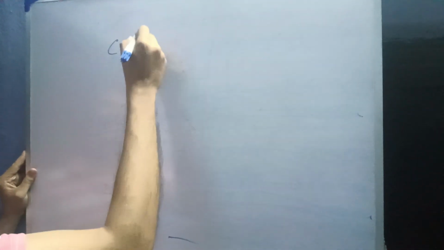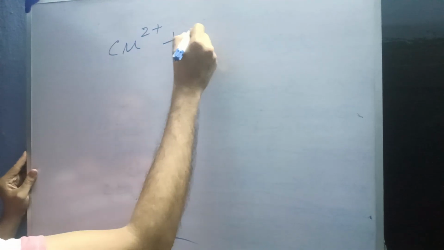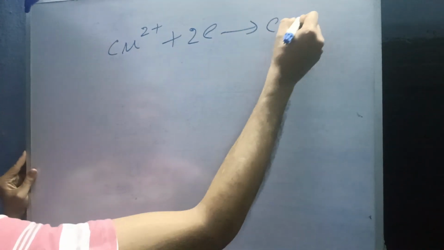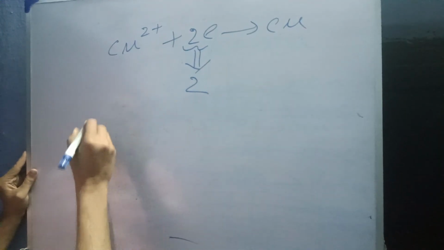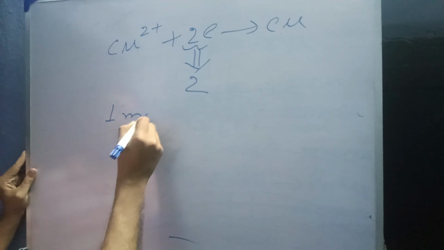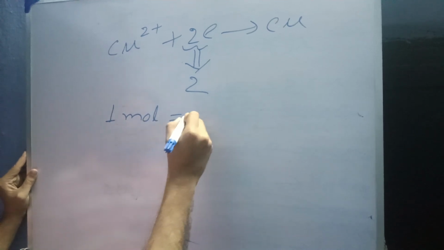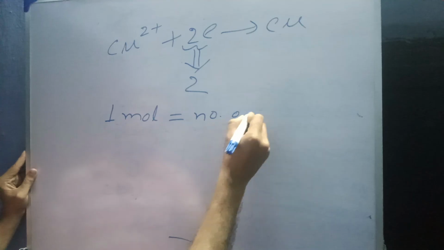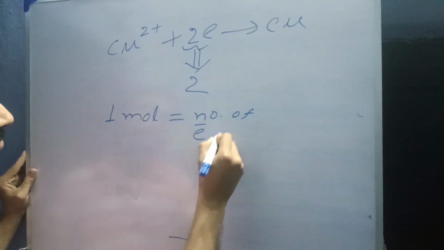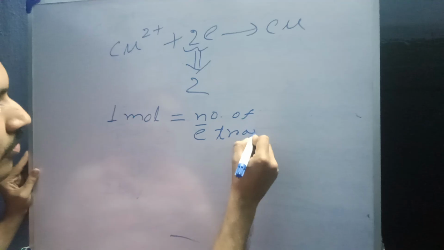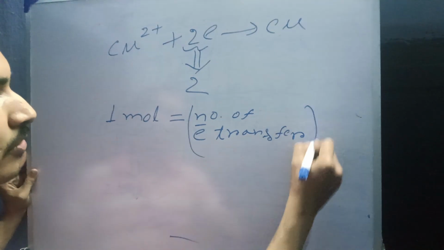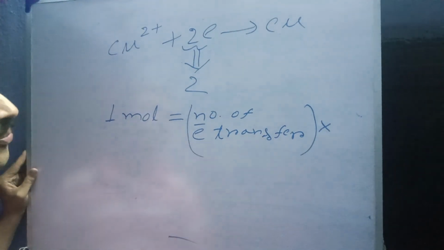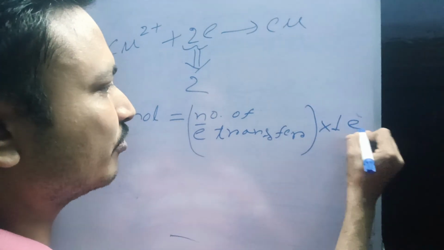Because in the reaction Cu2 plus plus 2 electrons gives Cu, the number of electrons transferred is 2, and 1 mole is equal to the number of electrons transferred into 1 equivalent.